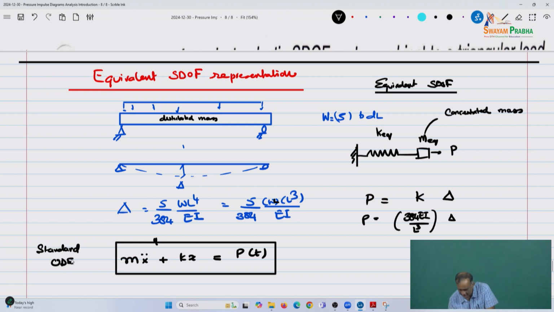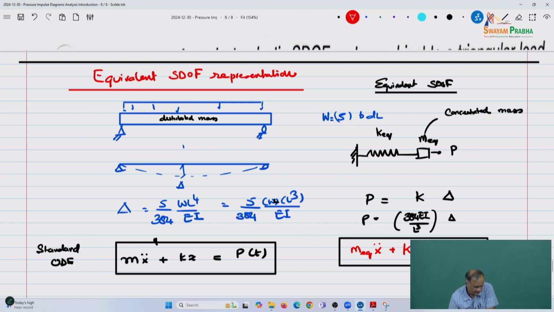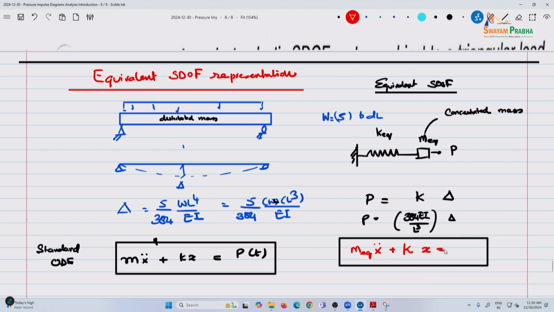Now in reality, this is reality, when we come over for modeling purposes, we now have M equivalent X double dot plus K equivalent X is equal to P equivalent. Even the load itself has changed.